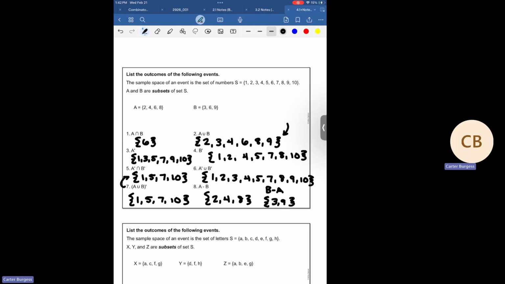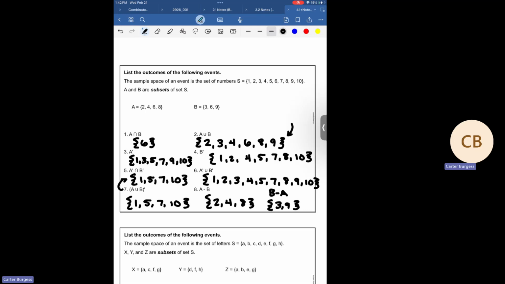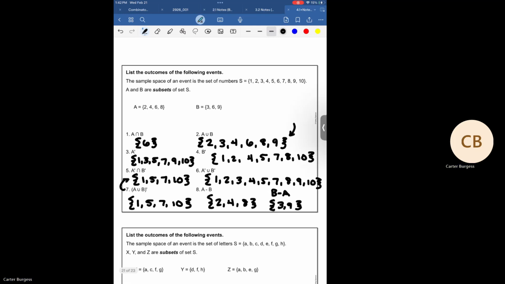All right, questions with our set example here? How are you feeling? You'll notice it can be helpful as these get more complicated.